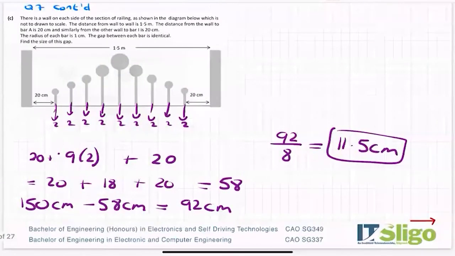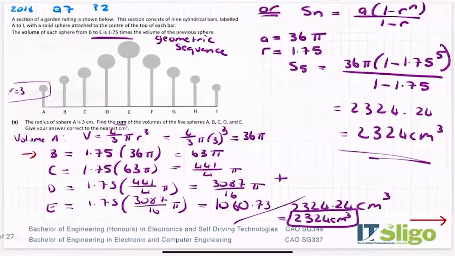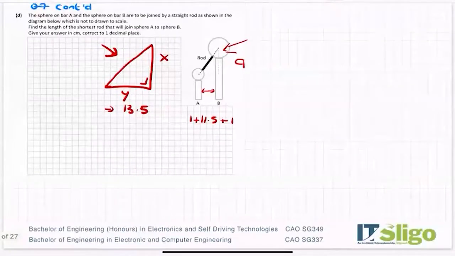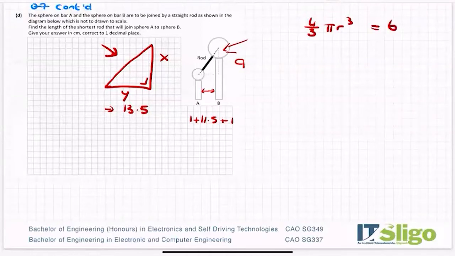So the volume of that ball was 63 pi. You can see the volume is 4/3 pi r cubed, and that's equal to 63 pi. So what I'm doing here is I'm trying to find the radius of that sphere so that I can work out this piece here.